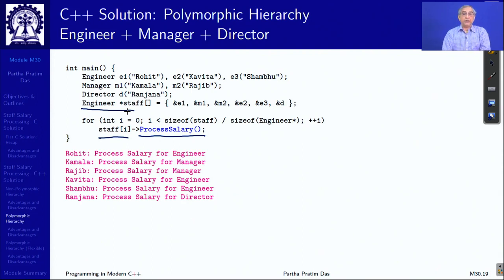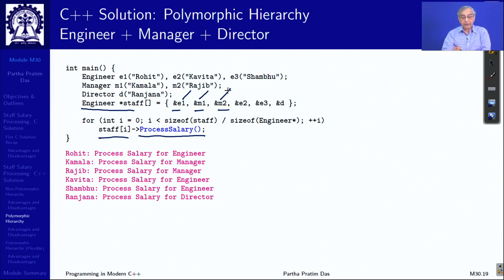So, this pointer has a static type which is engineer, but its dynamic type will keep on changing as it traverses. For the first object it is engineer, so it will invoke the process salary for engineer. For the second object it is manager, so it will invoke the process salary for manager.